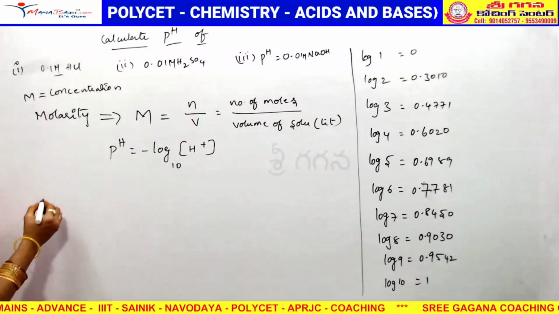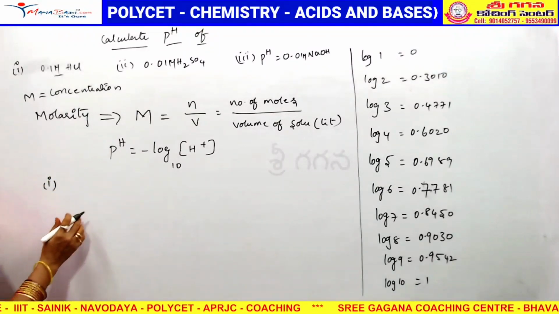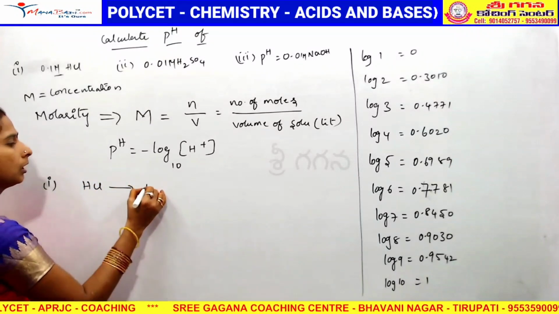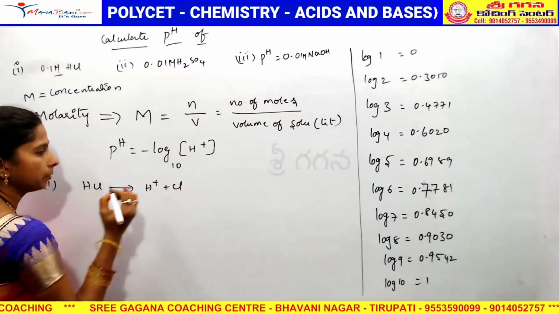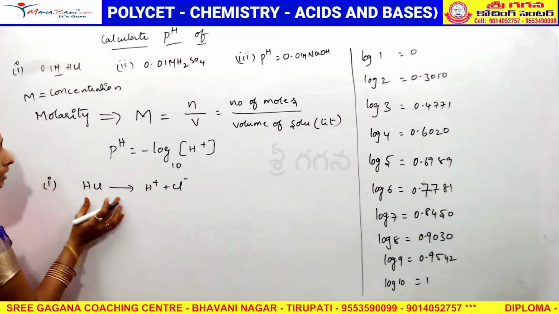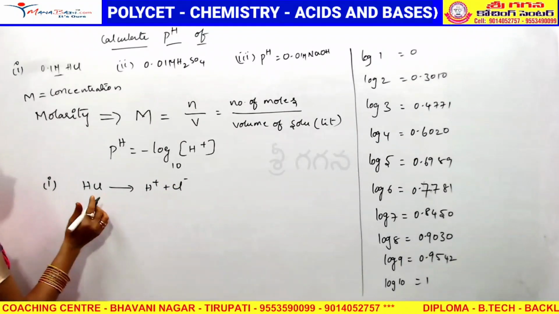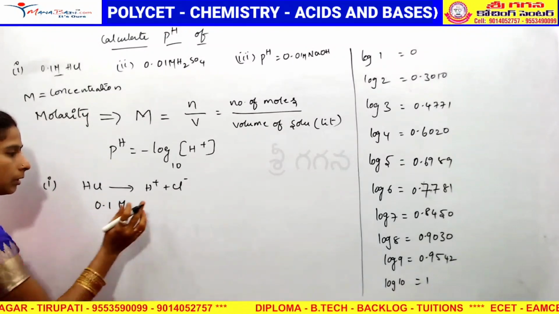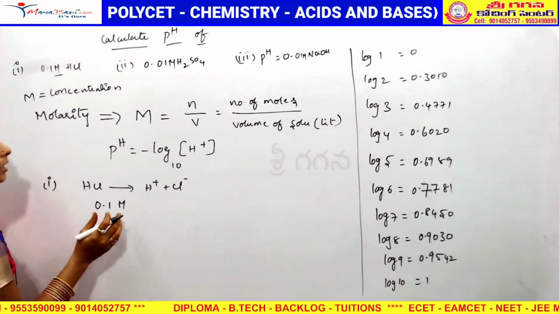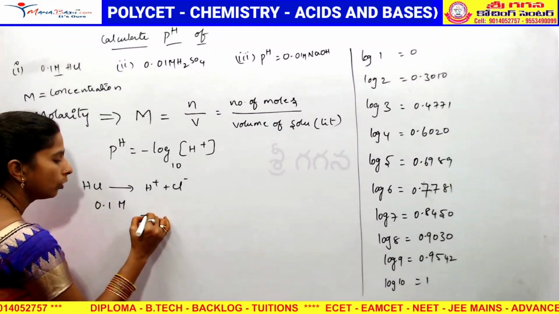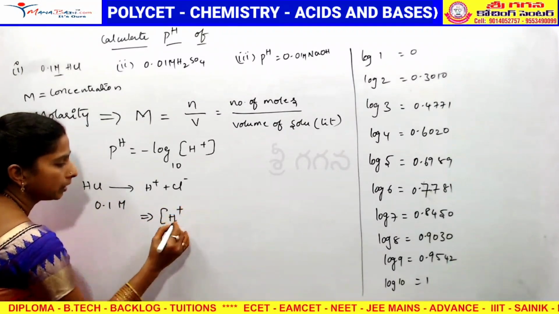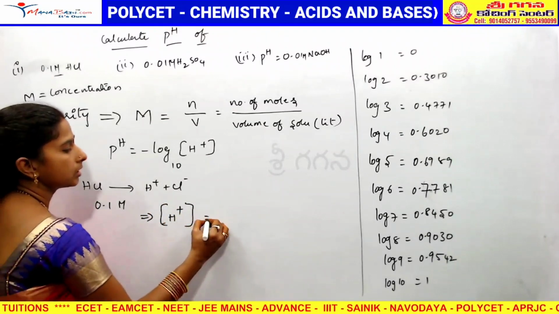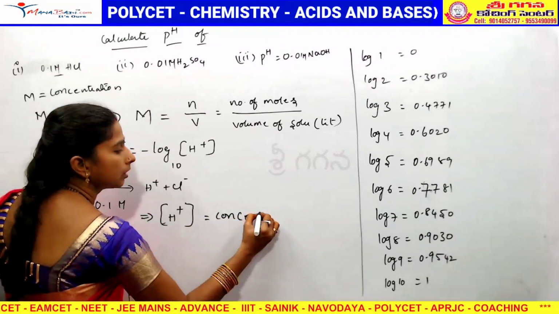So the first problem: pH of concentrated HCl. HCl means we know that H plus ion and Cl minus ion. HCl concentration they gave as 0.1 molar, which means the H plus ion concentration is also the same. If I use square brackets around H plus, it means the concentration of H plus ion.